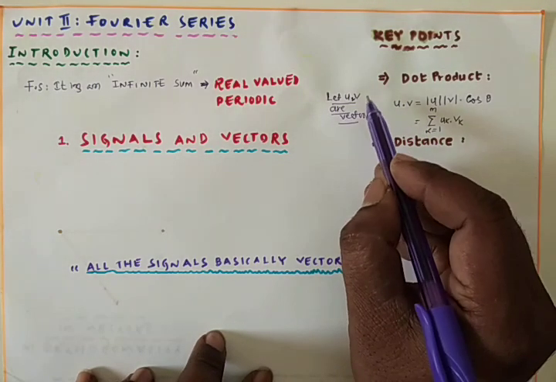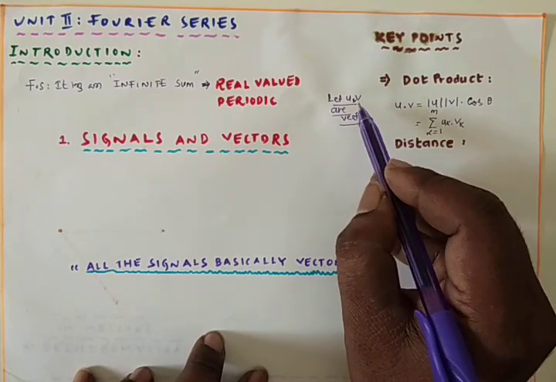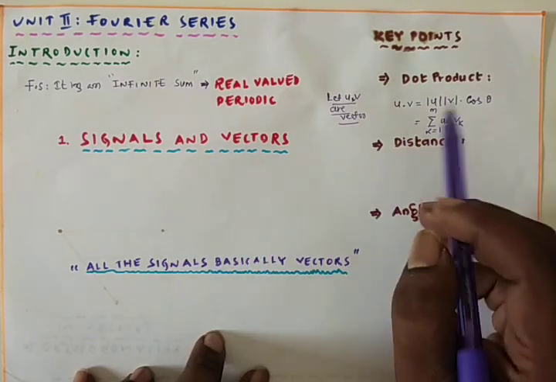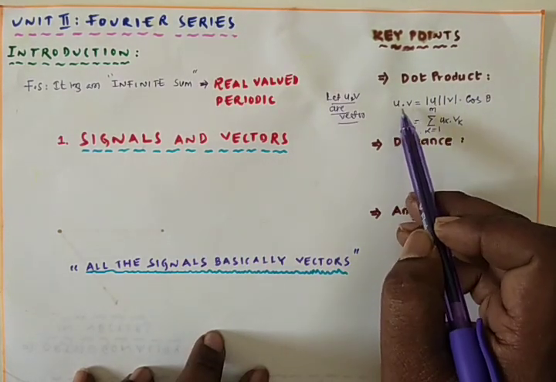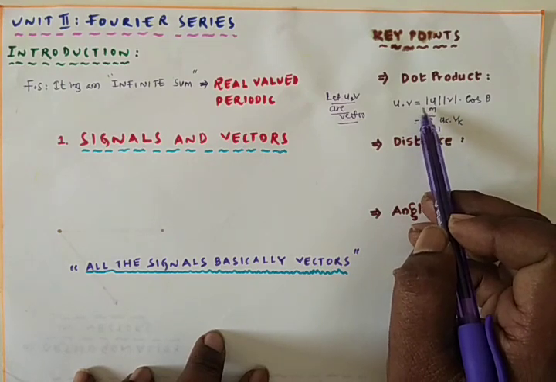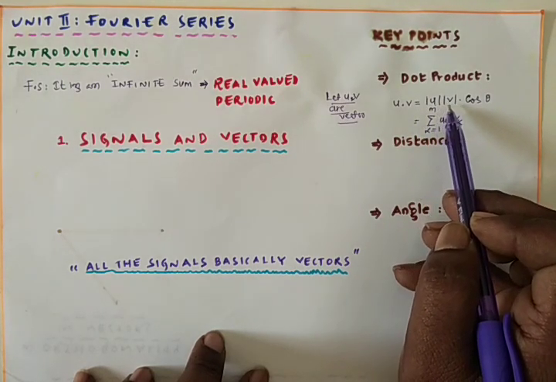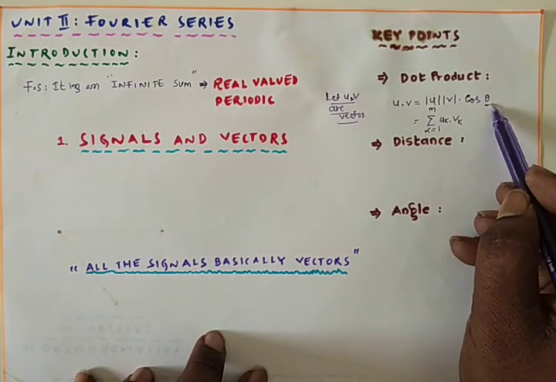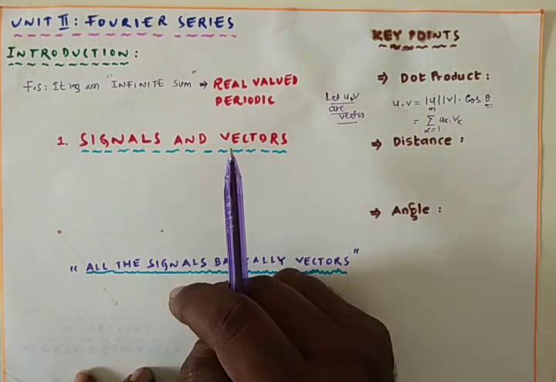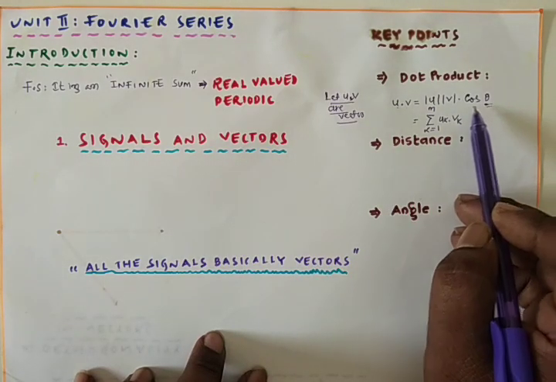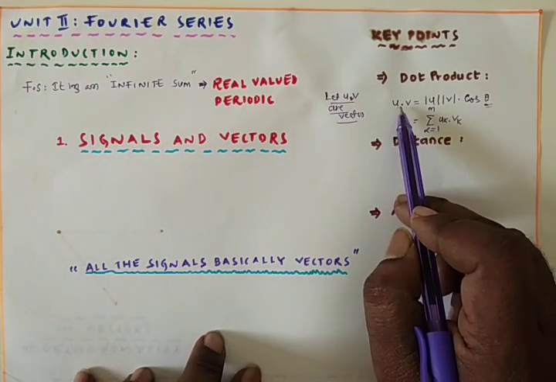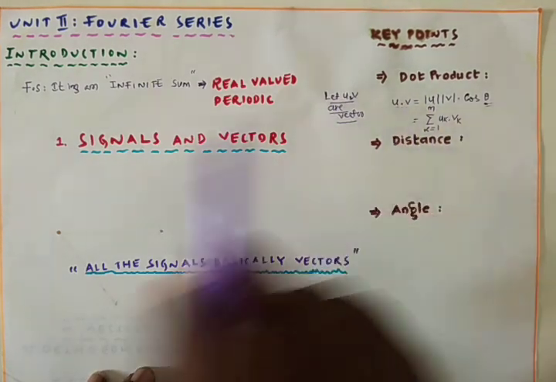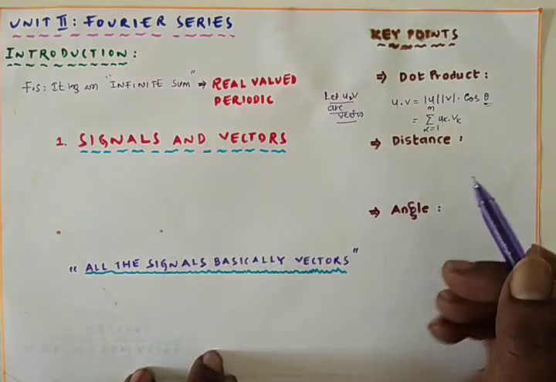The dot product of two vectors u and v is given by u dot v equals modulus u into modulus v into cos theta, where theta is the angle between those two vectors. If the angle is 90 degrees, both vectors u and v are perpendicular to each other. In such a case the dot product is equal to 0.